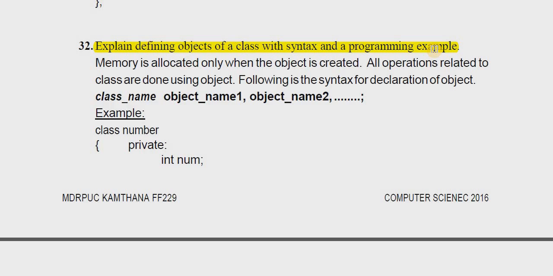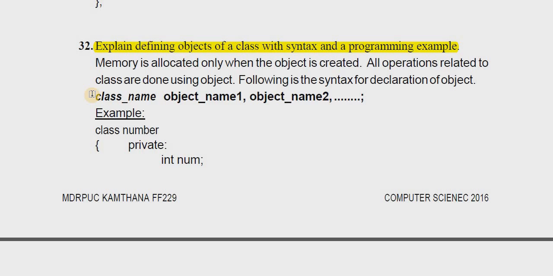In this question you have to write and explain the syntax, how to create an object of a class. An object is created after creating a class. So here in this solution the syntax is given, how to create an object.